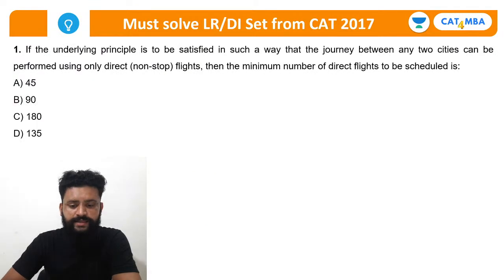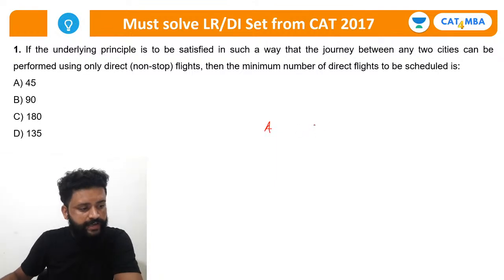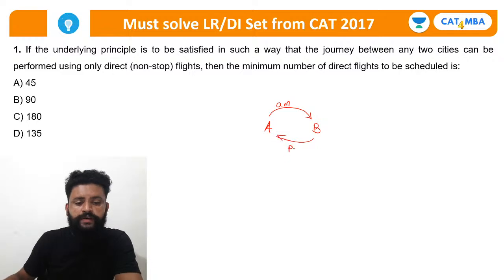So understand one thing. Let's forget about the 10 cities. If I want to connect any two cities, let's take two cities A and B. To connect these two cities, a person should be able to go in the morning from A to B and return by the evening of the same day. Two flights this person will need, right?